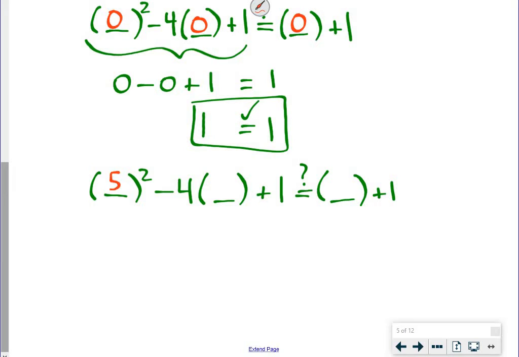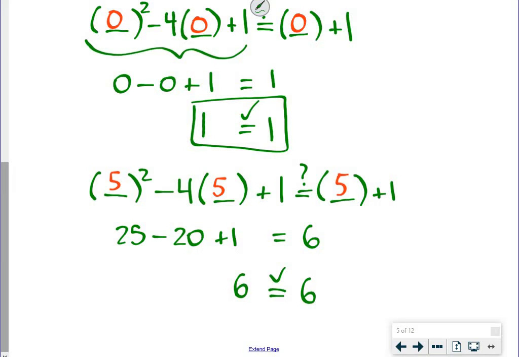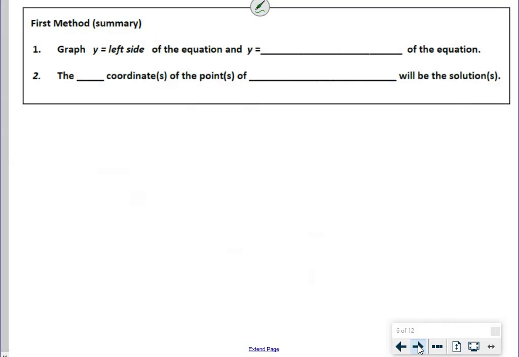So 5 squared is 25, minus 4 times 5 is 20, plus 1. 25 minus 20 is 5, and then plus 1 is 6. So it should turn out that the right side is 6, and 5 plus 1 is indeed 6, so that is also a good solution. Great.